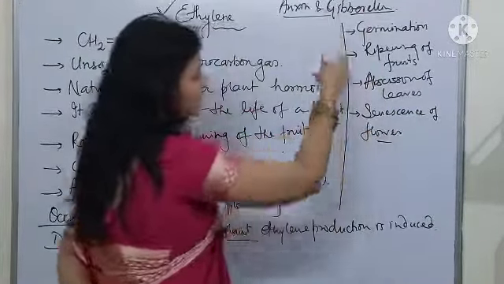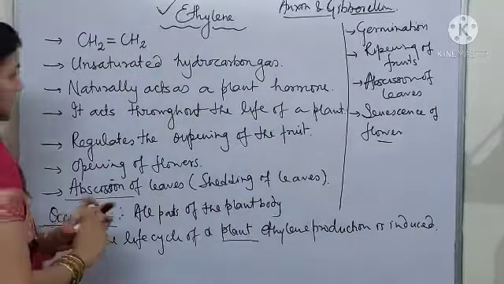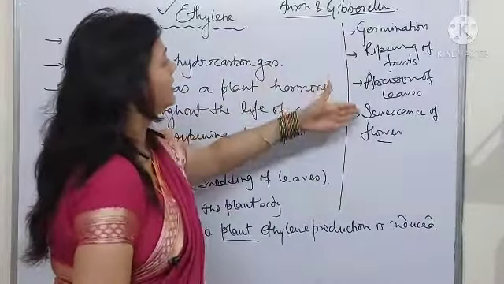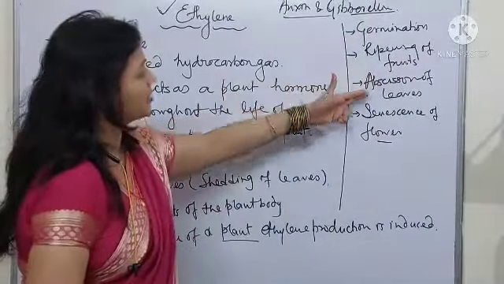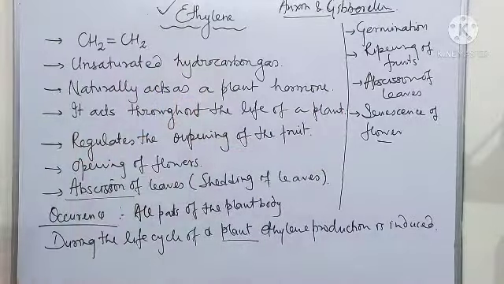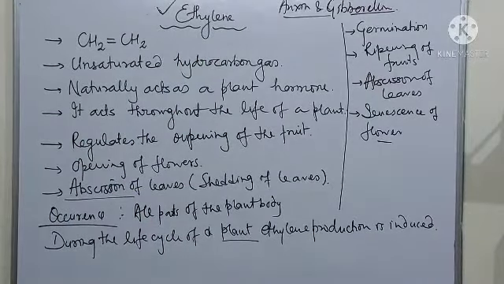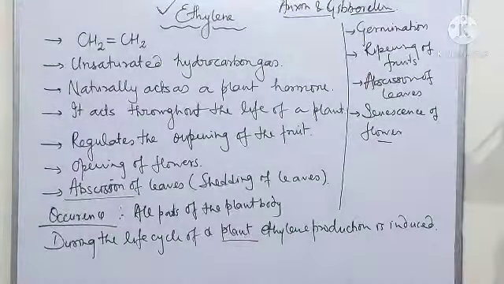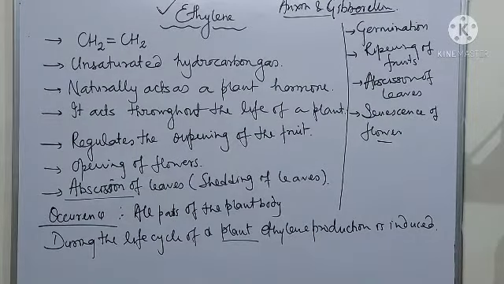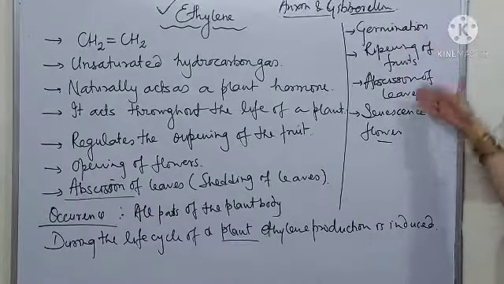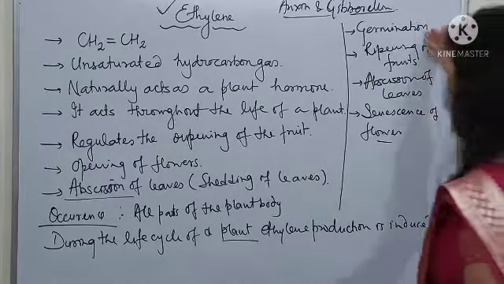So these are the particular stages of the life of a plant in which ethylene production is induced.